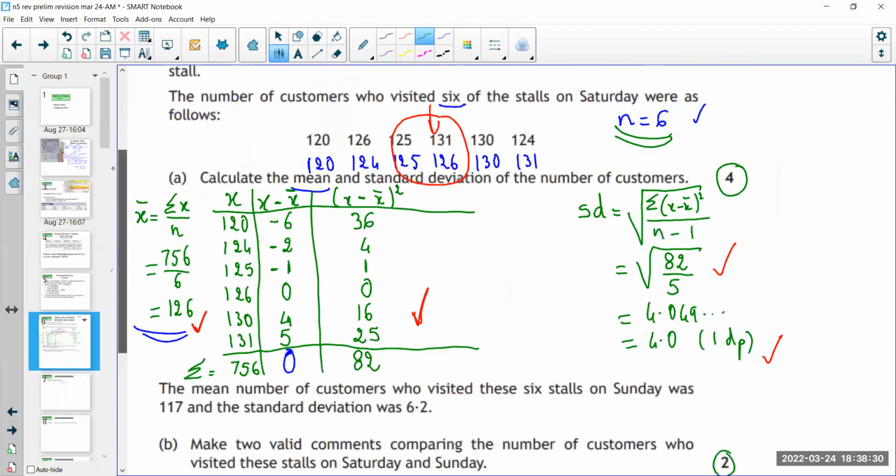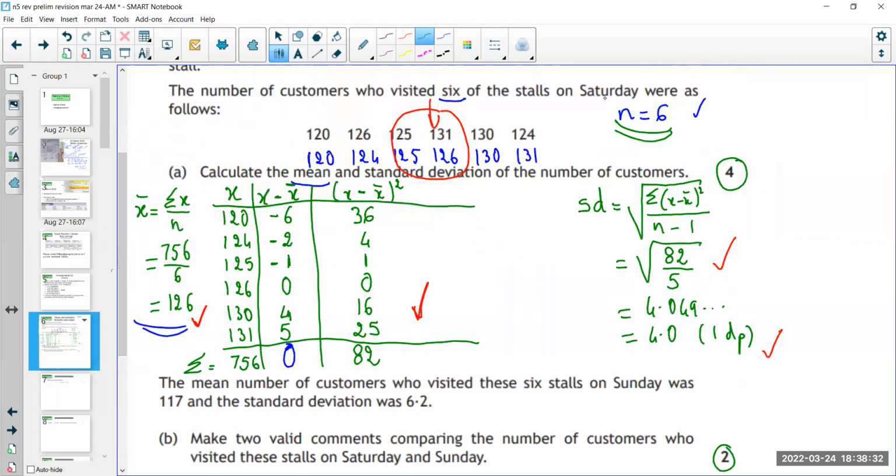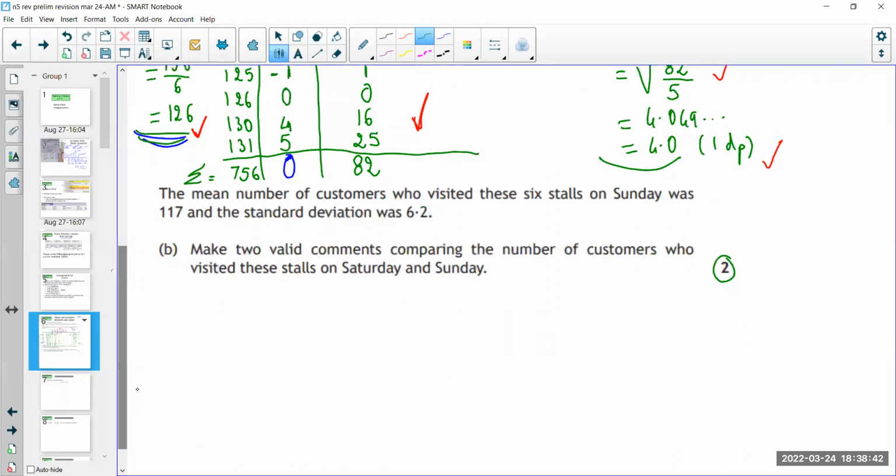So Saturday, we said we've got standard deviation 4.0 with an average of 126. That is the Saturday, right? So you can put here Saturday, X bar 126, standard deviation 4.0.